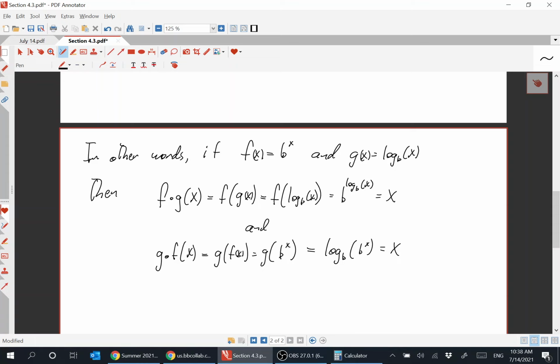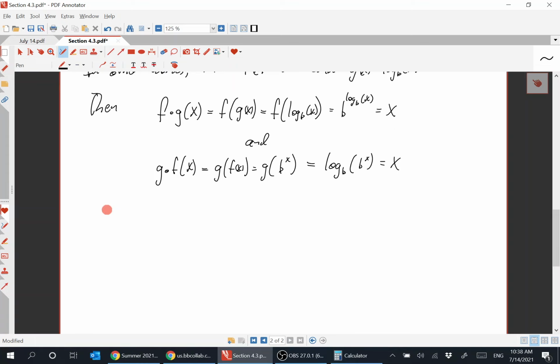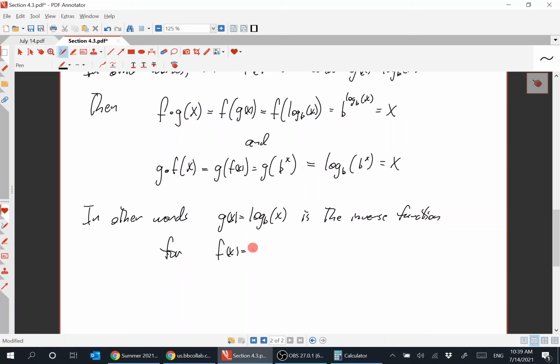Inverse? Inverse functions, right. They're inverse functions of each other. The function g of x equal to the log base b of x is the inverse function for f of x equal to b to the x.